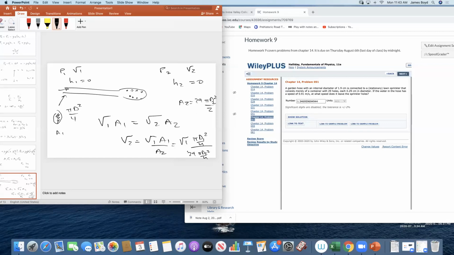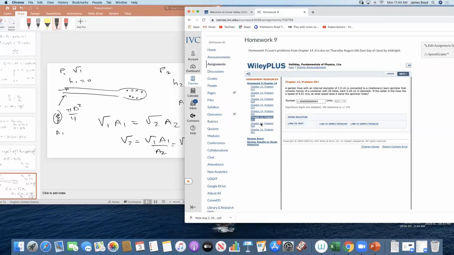This is a direct result, though, of the incompressible nature of water. What goes in comes out, okay? And that's it. The whole point of this problem was to make sure that you understand how to find V1 and V2, and areas a little bit, but I'm sure that's not super hard.